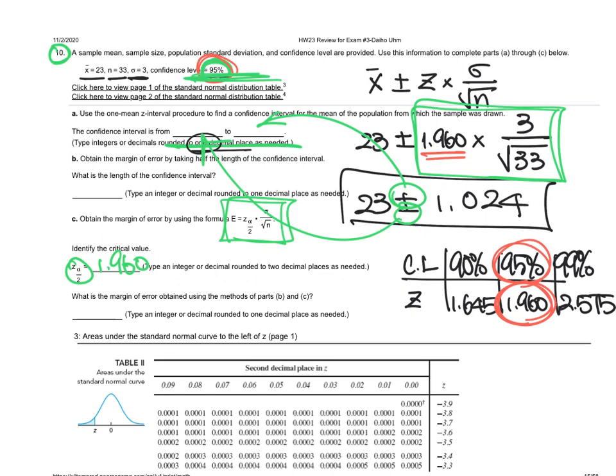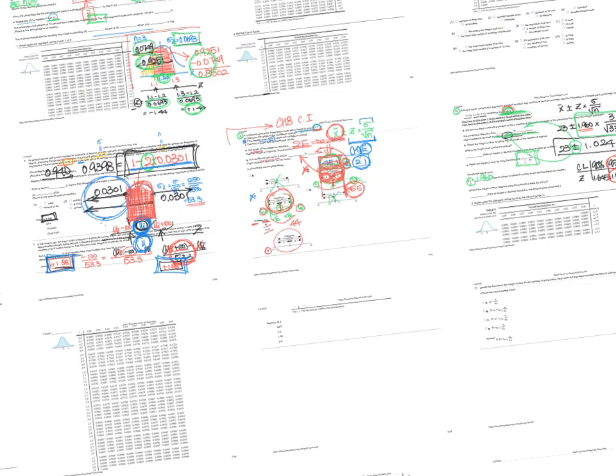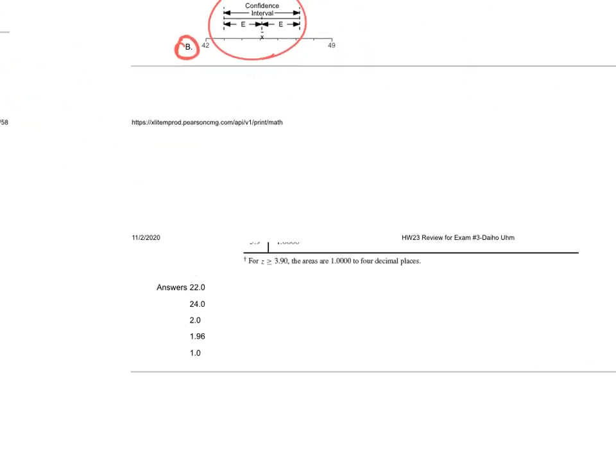Okay, so maybe the next page has the answers. I think it's maybe here, right? Yep. Can you see that? It's the z-score 1.960. So you can try to make the 95% confidence interval in question number 10 when sigma is known.